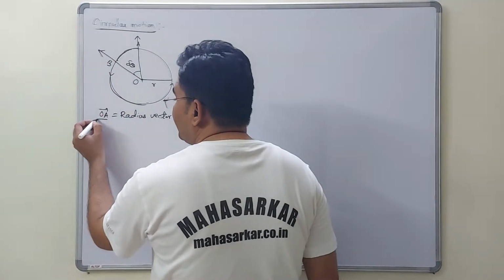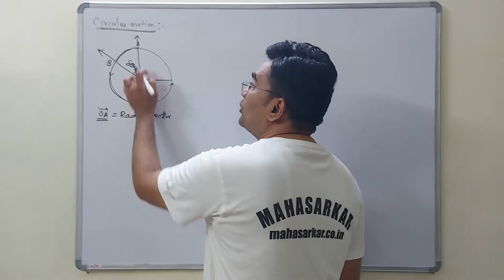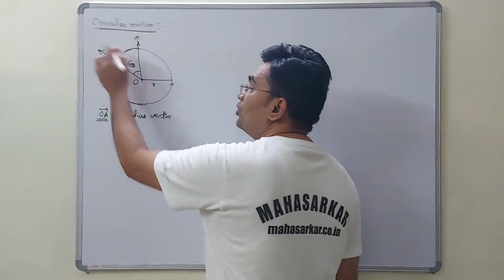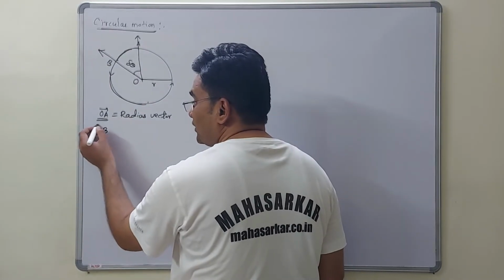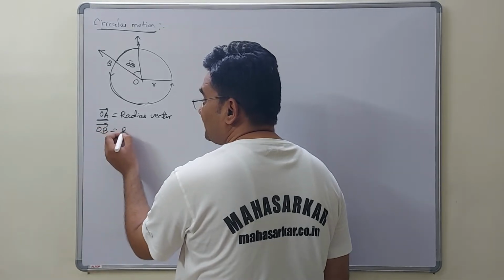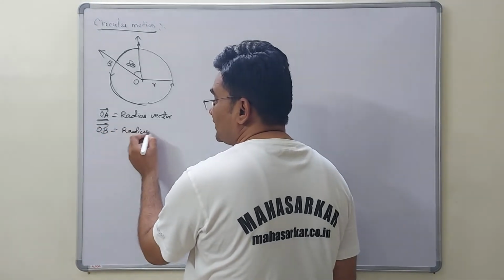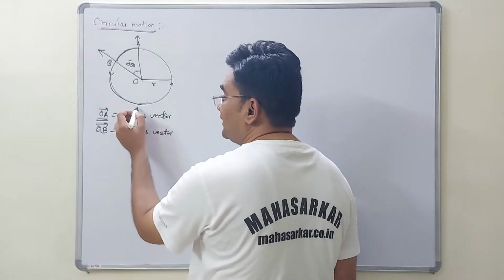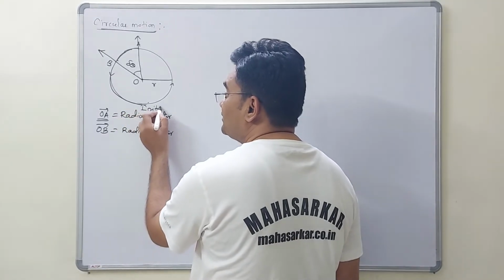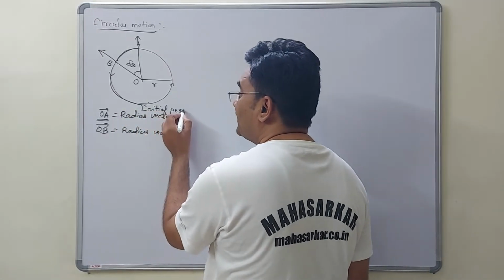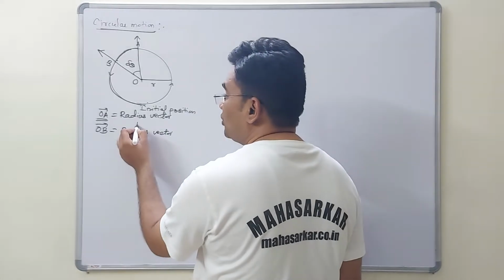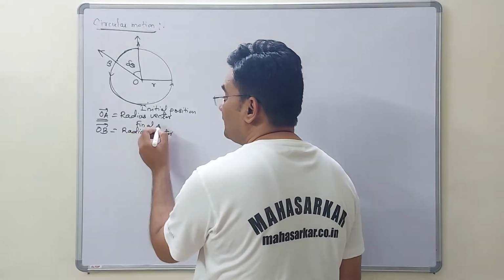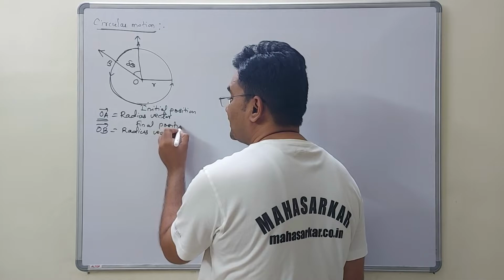So this radius vector changes from OA to OB. So OA was the initial position of the radius vector and OB was the final position of the radius vector.